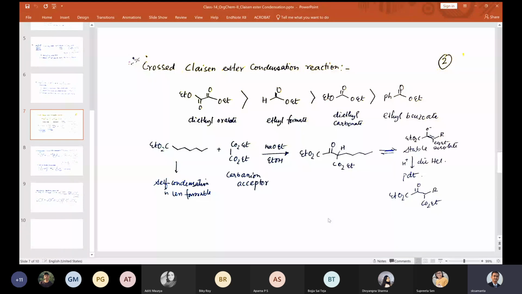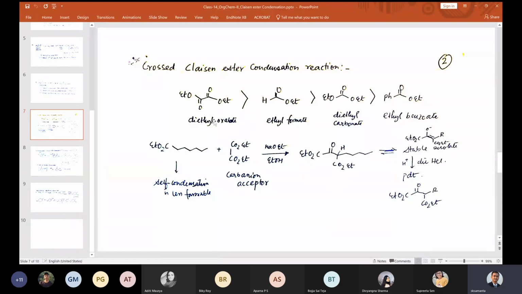The ester that is more acidic in nature will form the enolate and will react with the other ester which is less acidic. But actually in this case, the ester we take does not have an alpha hydrogen. So basically you have only one ester that has the alpha hydrogen to be picked up to form the enolate.